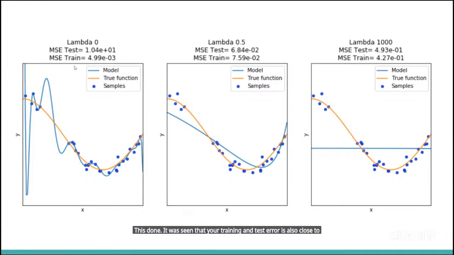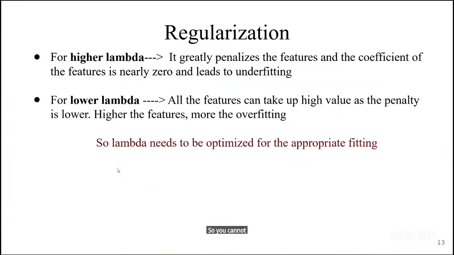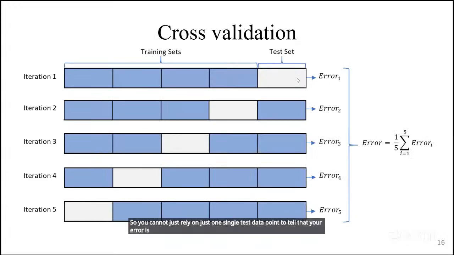But as you have seen, if you measure it properly on a large amount of test data points, your test error is very high. So you cannot rely on just one single test data point to tell that your error is low. So this is the problem. You cannot say that error 1 is the error of this model.